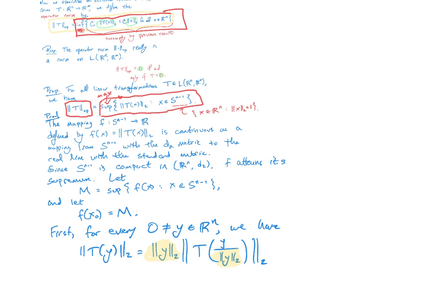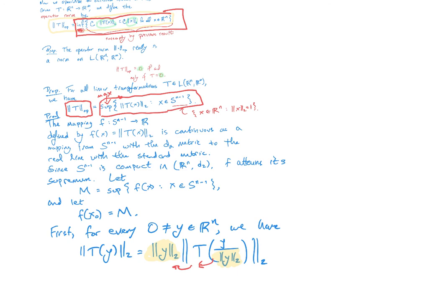The reason we can get it outside the T is that T is linear, and the reason we can get it outside the norm is the norm axiom that says that scalars can come out with an absolute value, but of course we don't need that because it's already a norm, so it's non-negative.